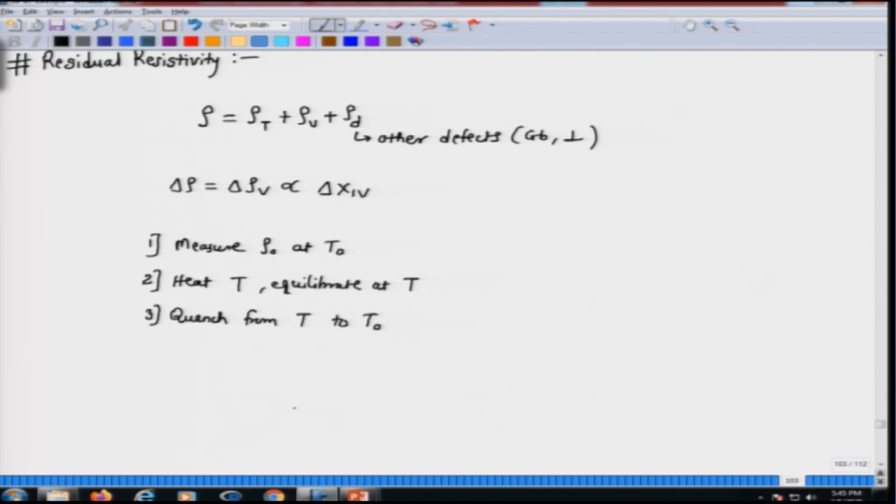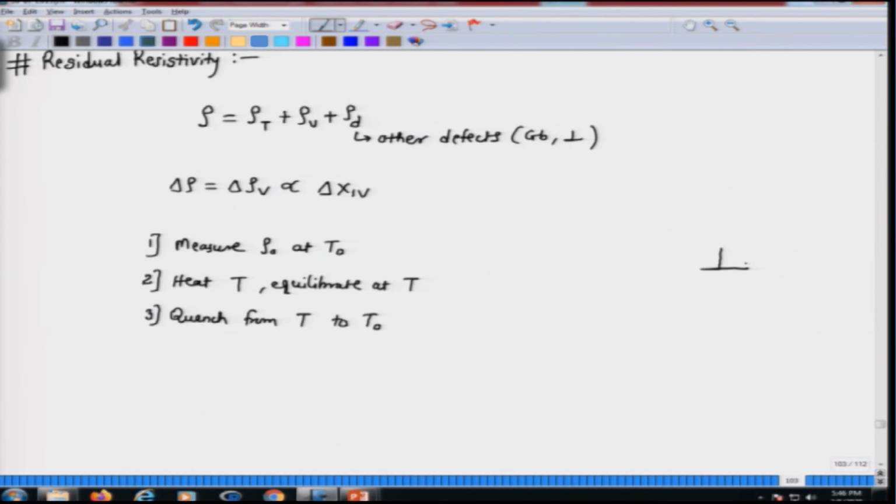then essentially we get back the sample at temperature T0 with quenched in vacancies from higher temperature T. Whenever we are doing a heating or cooling, as the temperature changes, the system tries to achieve the equilibrium vacancy concentration, and this is done by diffusion of vacancies to sources or sinks. If the vacancies have to be created, there are sources. So, grain boundaries, dislocations and surfaces act as sources.